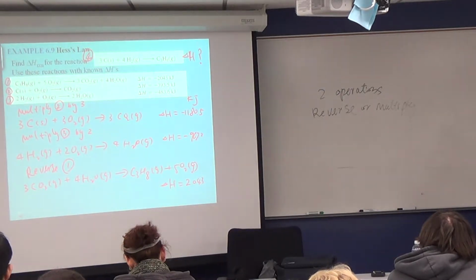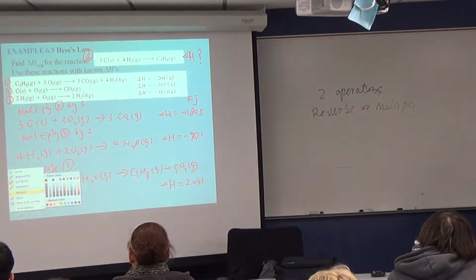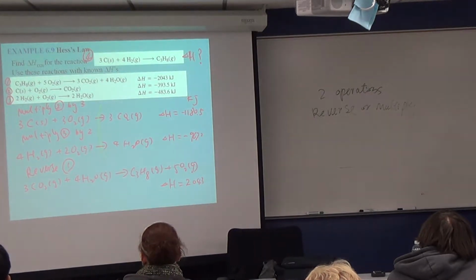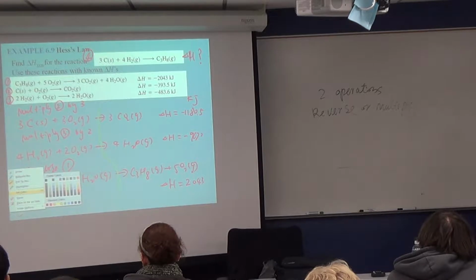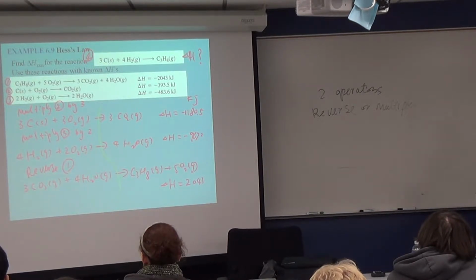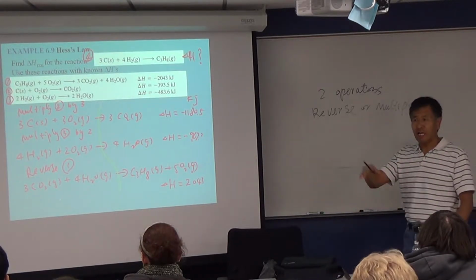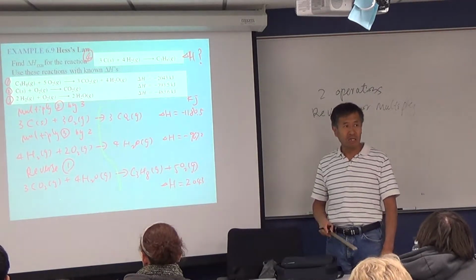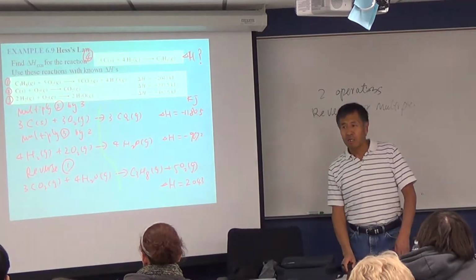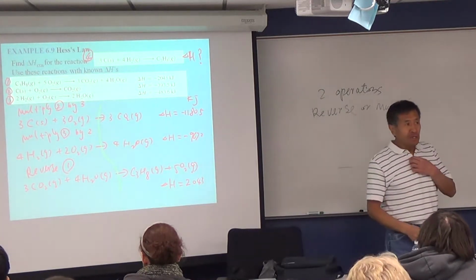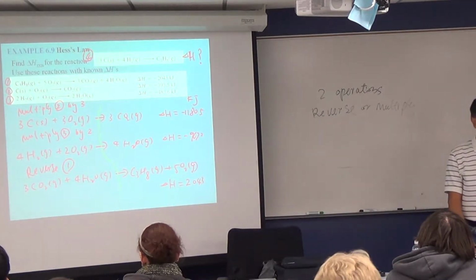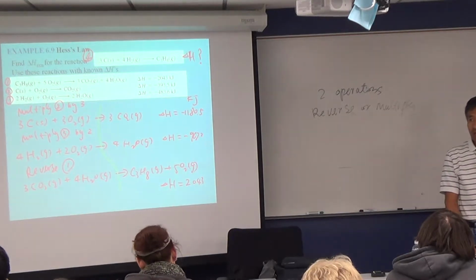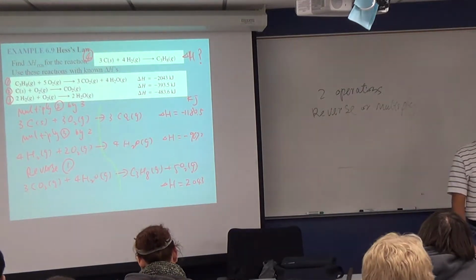Let me change the color of the pen. So if I draw this line here, this will be the line that separates our reactants and products for all the three new equations we want to add. After you draw the line, you just think about the two words I told you: try to cancel first and then combine.